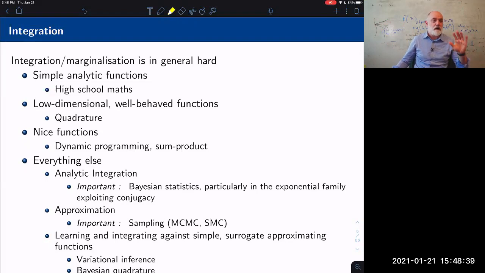Second thing is, there are uninformative priors. They're known as Jeffreys priors.